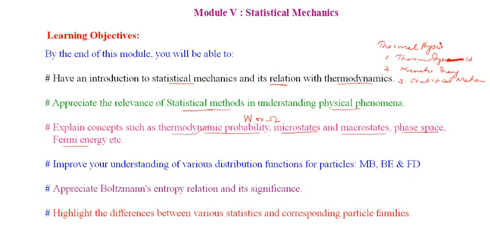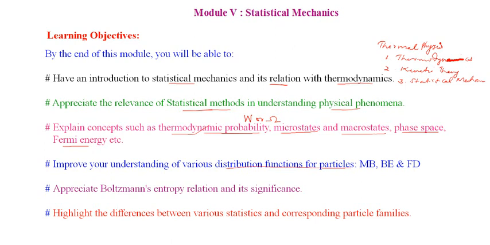do this module in such a way that it will improve your understanding of various distribution functions for particles. You have heard of distribution functions in the first paper of your course in core physics primers.